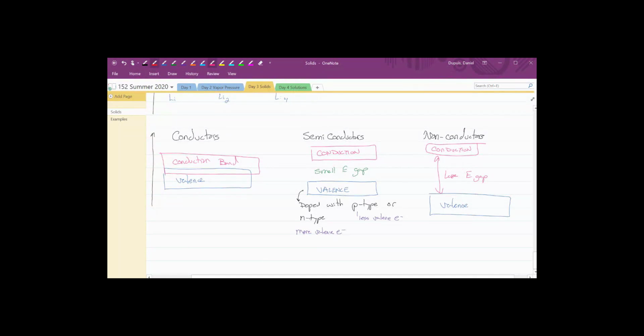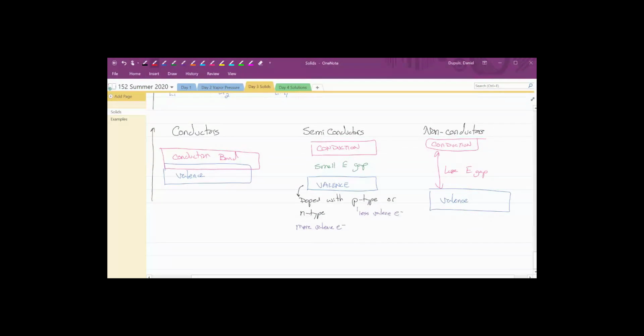All right, they don't conduct at all. All right, and so semiconductors are kind of neat because they can conduct with the right input. Conductors will always conduct, and non-conductors do not conduct. And semiconductors, we can control whether it conducts or not. That's why they're used so much in electronics, which is fun.